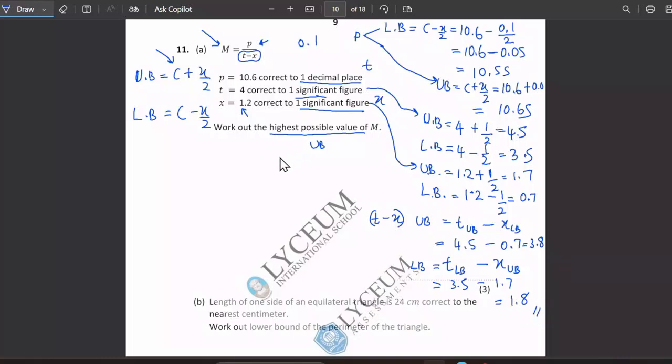So work out the highest possible value of m. Now we have to again logically think. We want the highest possible value, so we have to get the upper bound.